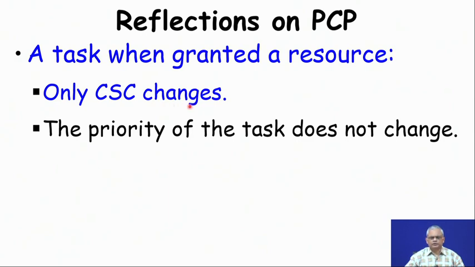Unlike the highest Locker protocol, the task continues to execute at its own priority. So, other tasks which do not need the resource do not get blocked. Unlike the highest Locker protocol, blocking by a task just because a lower priority task has acquired a resource does not occur, and that we had called inheritance related inversion.